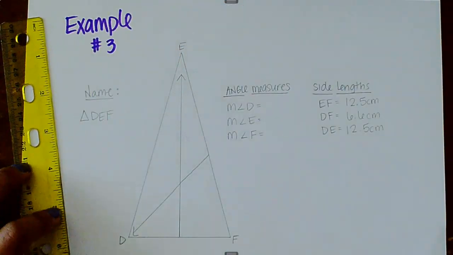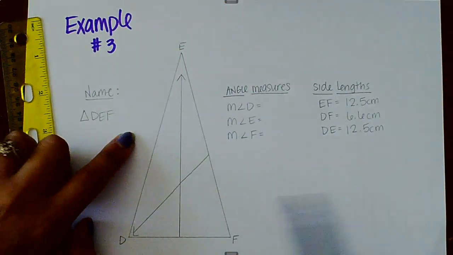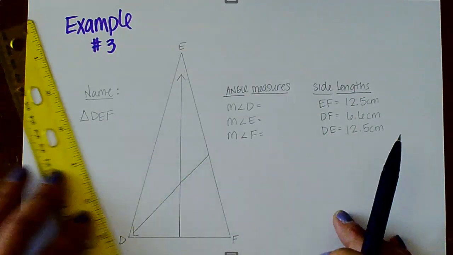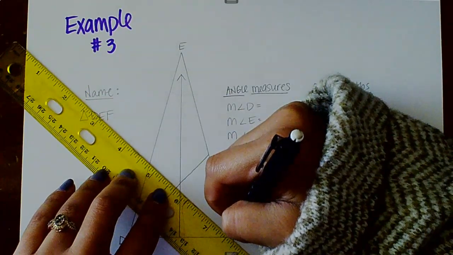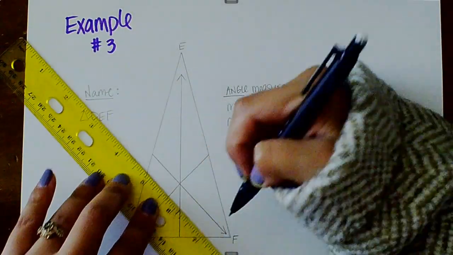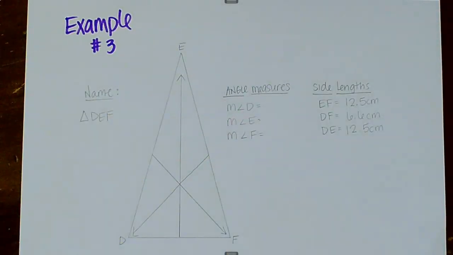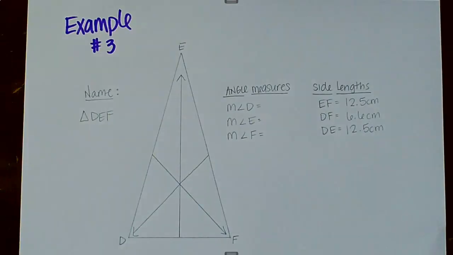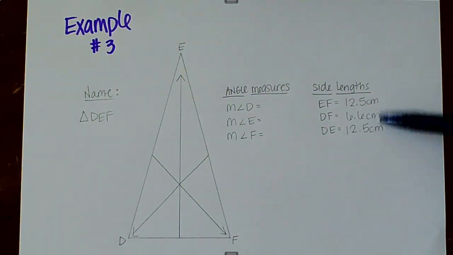And the side DE is opposite angle F. So we're just going to draw this here. All right. So with our theory, again, the shortest side being opposite the smallest angle, in this case, we have two that are the same. So these angle measures should be the same.